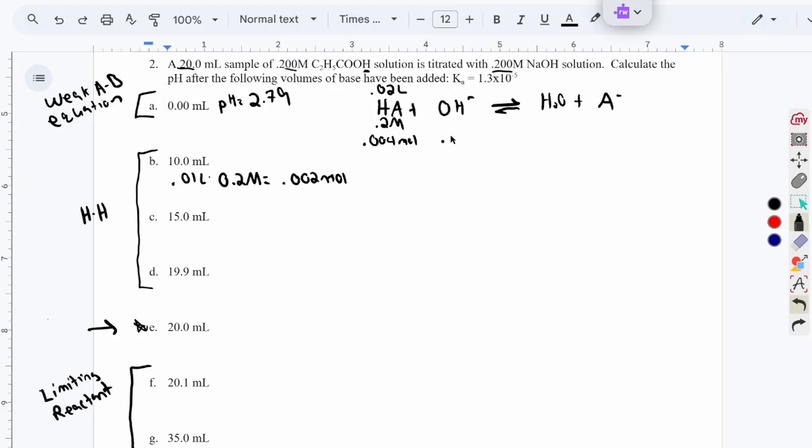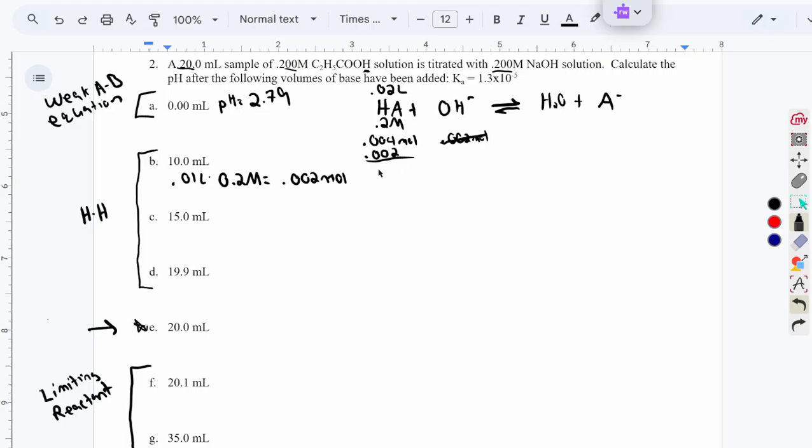If I've got 0.002 moles here, these are going to react in a 1-to-1 ratio because this base is so strong, it's going to pull off all of these hydrogens. This is somewhat of a limiting reactant problem. We know that this is all going to be used up, in a 1-to-1 ratio with OH.